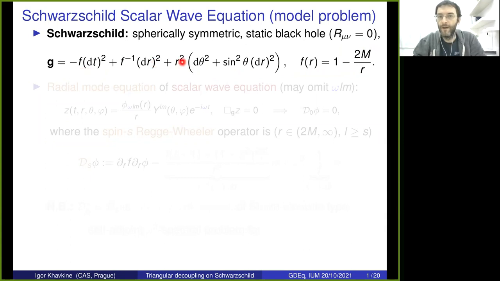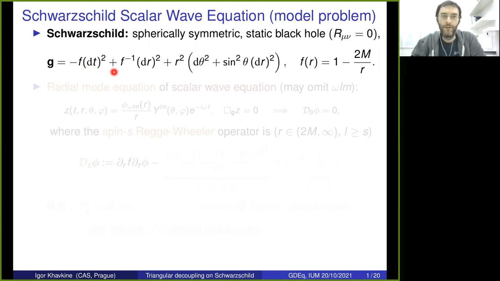In another limit, when r is equal to 2m, this function is equal to 0, and the metric degenerates at that value of r. That's just an artifact of the coordinates that were picked here. That location corresponds to the so-called horizon of the black hole. So we're mostly interested in the interval between r equals 2m, the horizon, and r equals infinity. This is the external region of the black hole.